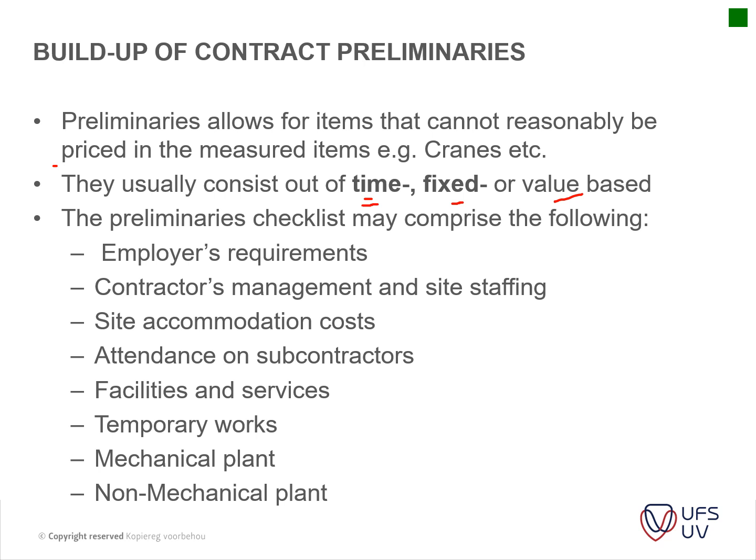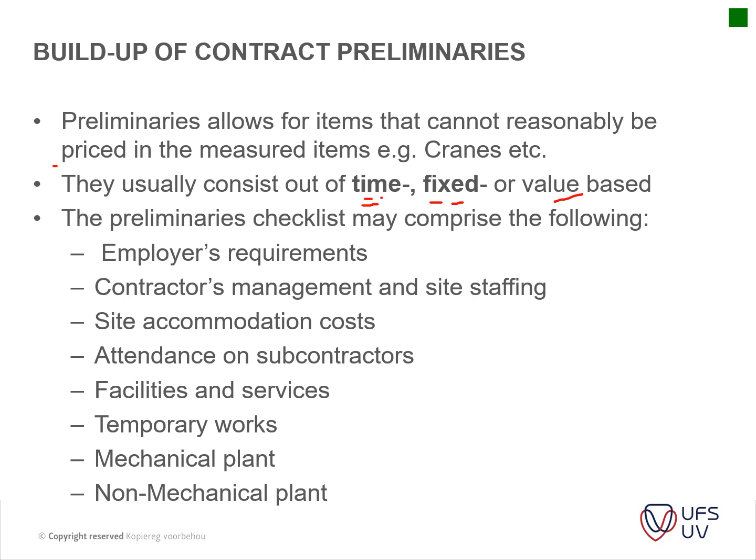Then you might have a fixed rate for site establishment and enclosing your site. Your P's and G's might be paid out according to this item having been completed, and now you can get the money in your payment certificate.